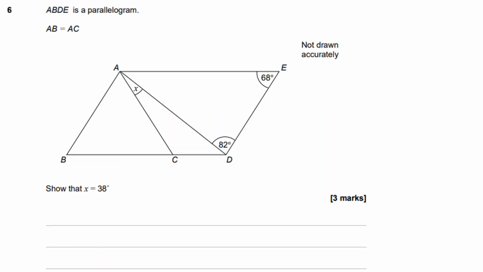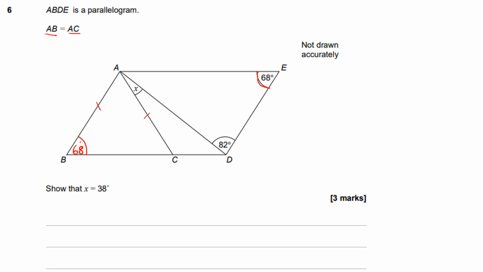Okay, for question 6, we have a parallelogram, and what we need to remember about parallelograms is that the opposite angles are going to be the same. So you've got this angle and this angle that is the same, so which means it's going to be 68. The question is telling us that AB and AC, which these two lines, are the same. So if these two lines are the same, that's an indication that this is going to be an isosceles triangle.